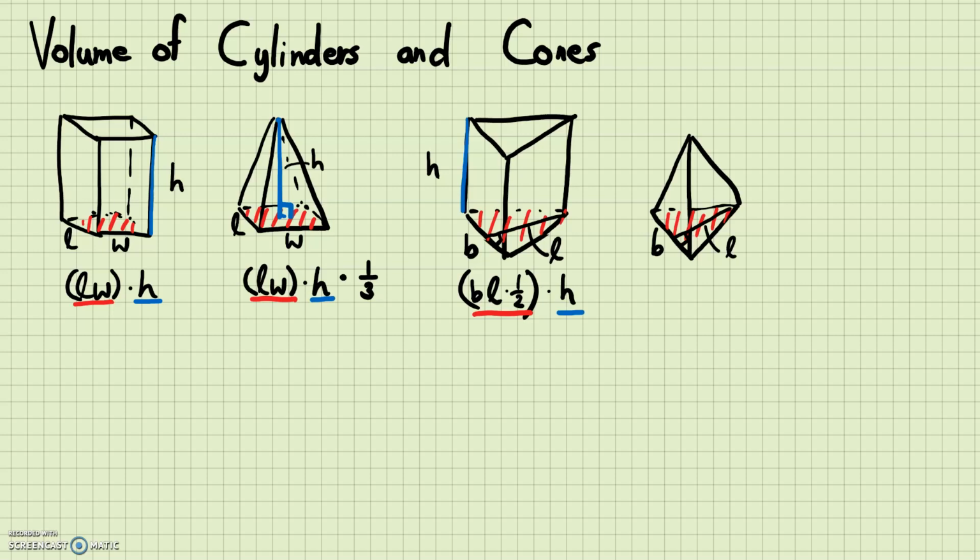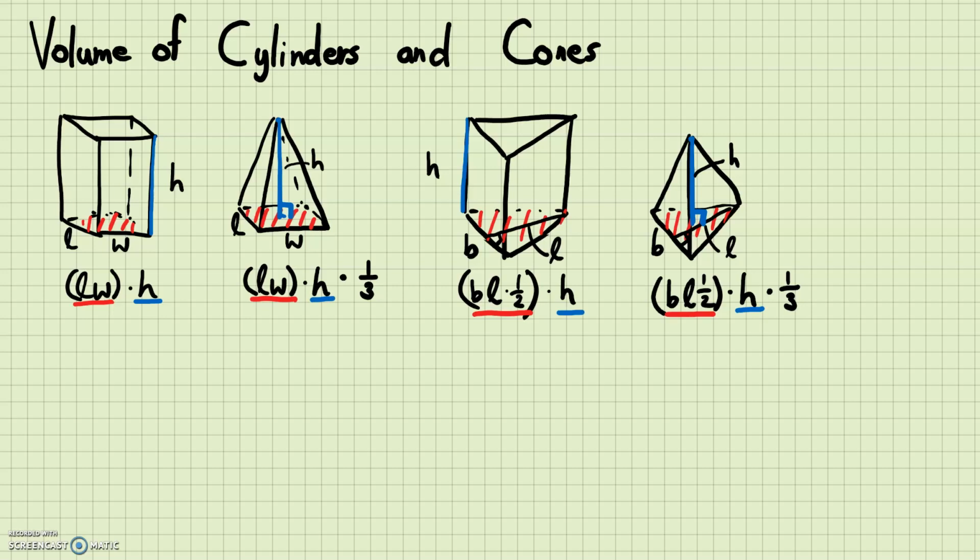And again, the height of the pyramid should be from this point here to the base, and it should be perpendicular to the base. So let's call that part H. It's going to be B times L times 1/2, which is the red base. That times the height, and then you're doing divided by 3 or times 1/3.